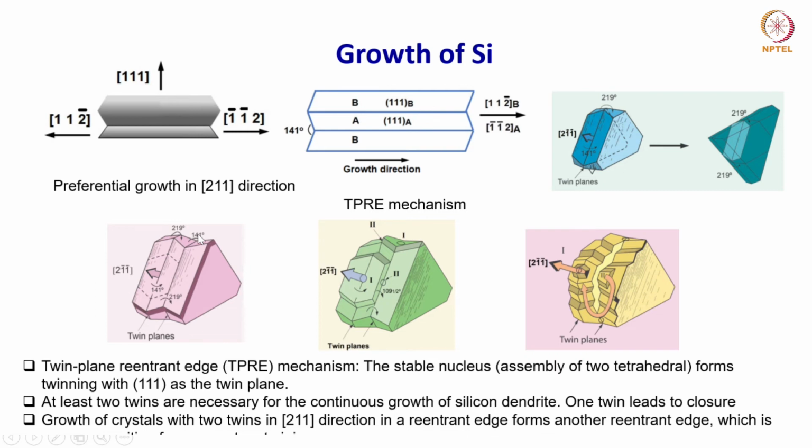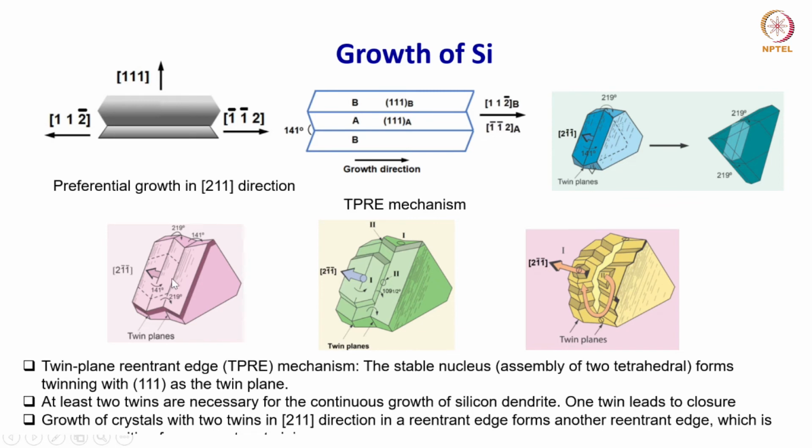Here the angle is 141 degrees, that is the corner that it forms, and then it also forms a ridge like this. This reentrant edge becomes a preferential site for further growth to occur, because it is a preferential nucleation site, meaning the atoms will prefer to attach along this edge compared to any other place in this crystal when it is growing.